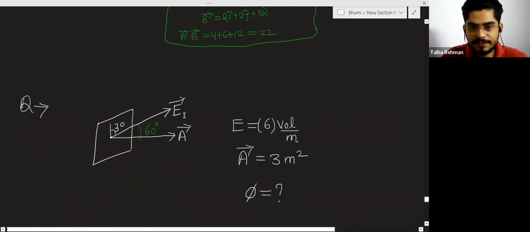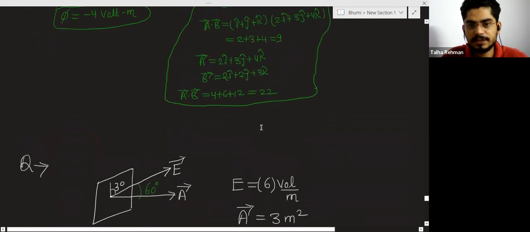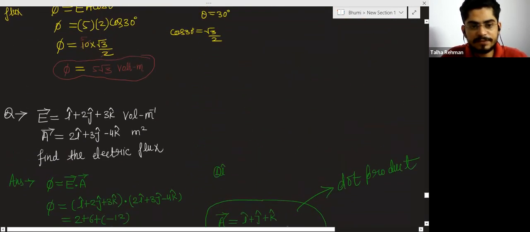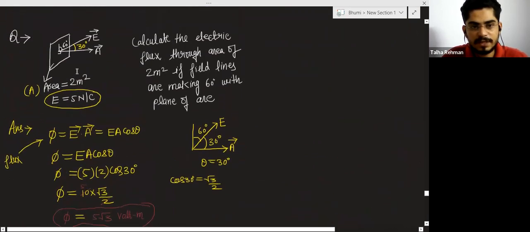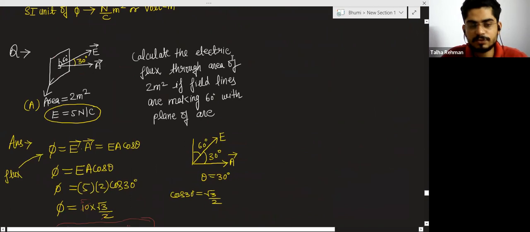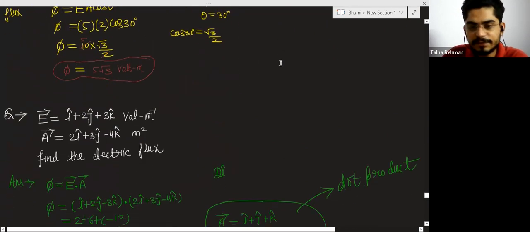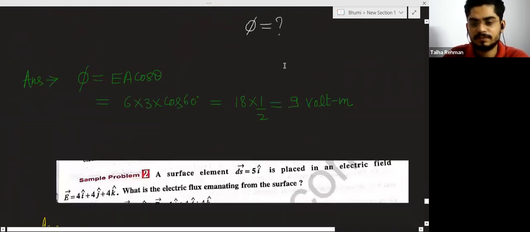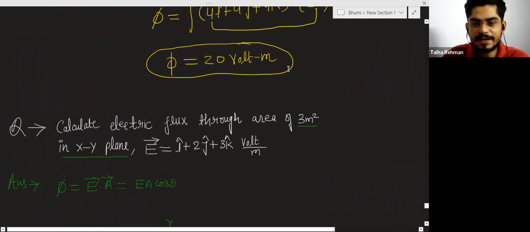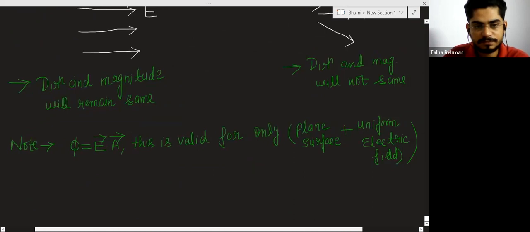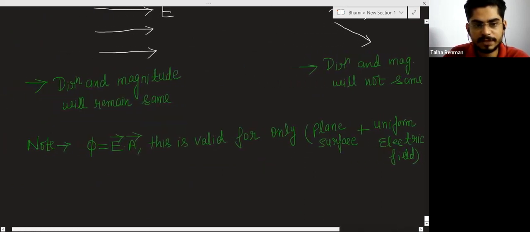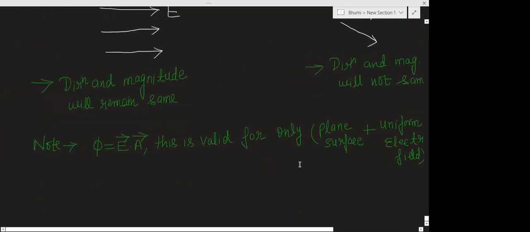Here the area A is constant and the electric field is again constant, meaning the electric field is not changing and the area is plane. That is why we have used this formula. The other formula is used for the other two.